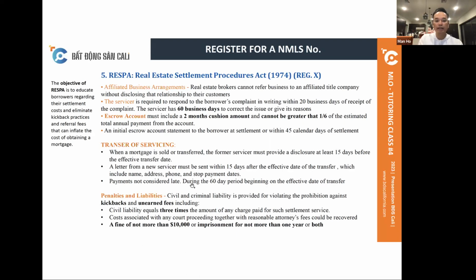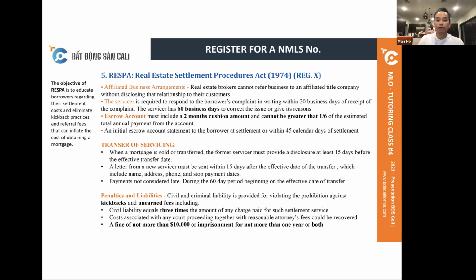A payment is not considered late during this 60-day period of transfer. Because when you transfer, sometimes you don't get the memo, sometimes you don't get the new address. So you don't have to pay that money into the escrow account for 60 days. That's why you need that 2-month cushion. Remember that you have 2 months of cushion, because within 60 days sometimes you may be traveling, somewhere you don't get that notice.